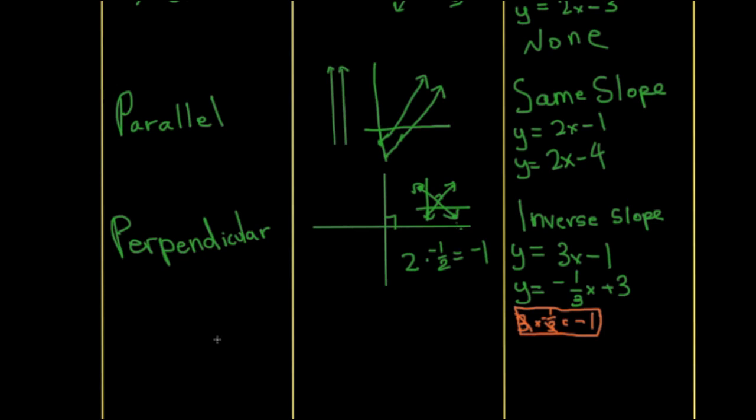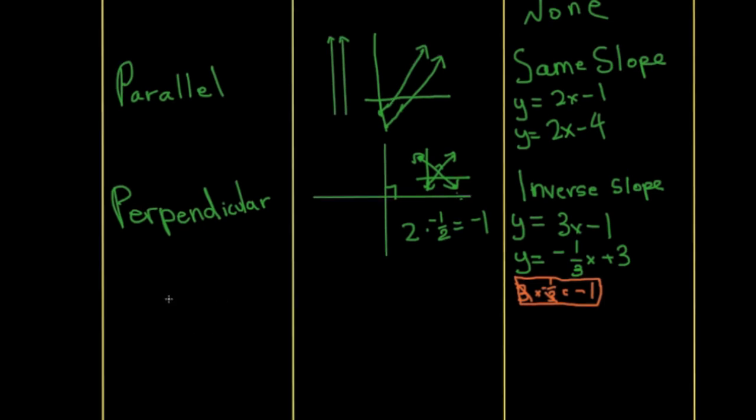So that's perpendicular lines. The next type of lines we're going to talk about are vertical lines. Vertical lines, as you know, are lines that simply go up or down. They could either go this way or this way, it doesn't really matter.